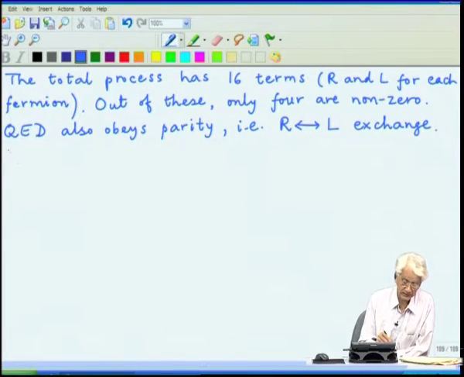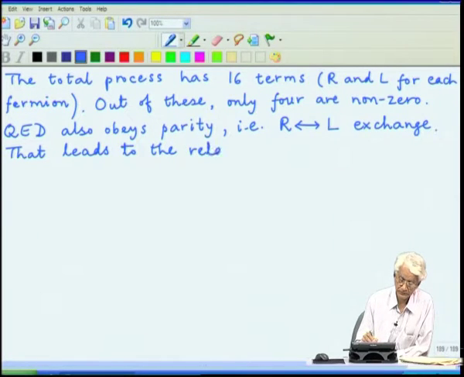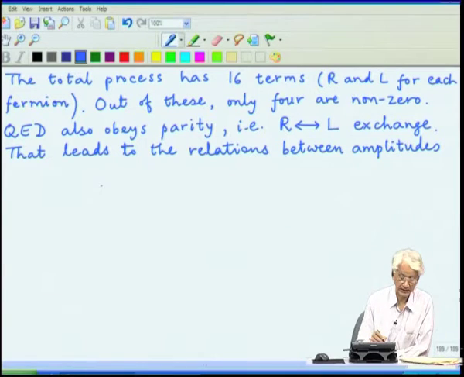So, we interchange R and L and the answer looks the same.